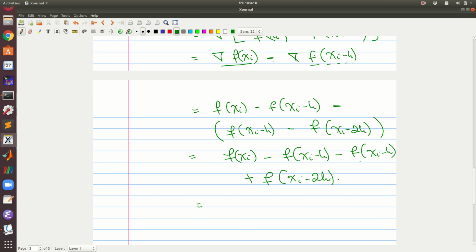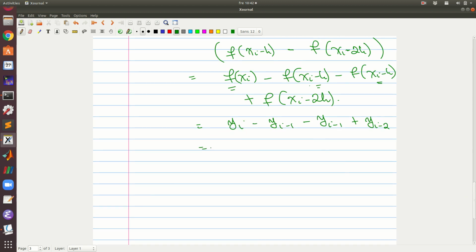So we know that we can write this as yi minus yi minus 1 minus yi minus 1, and then plus yi minus 2, and finally we can write it as yi minus 2 yi minus 1 plus yi minus 2.